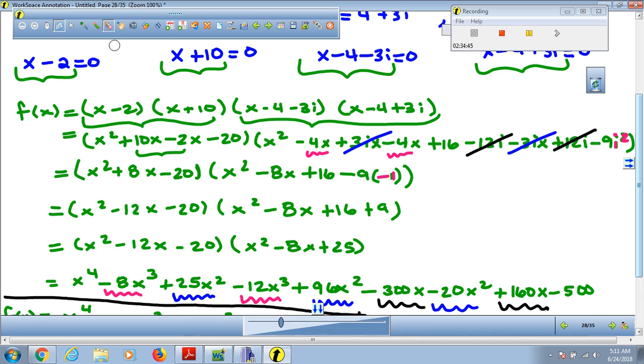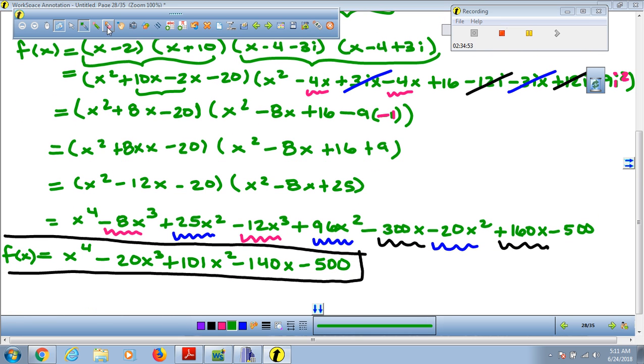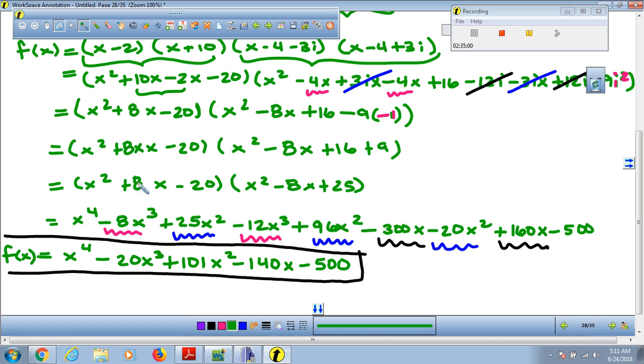So then this too is positive 8x. Hopefully that's the one that is going to fix everything. This one is also positive 8x. So x to the fourth, negative 8x to the third, 25x squared.